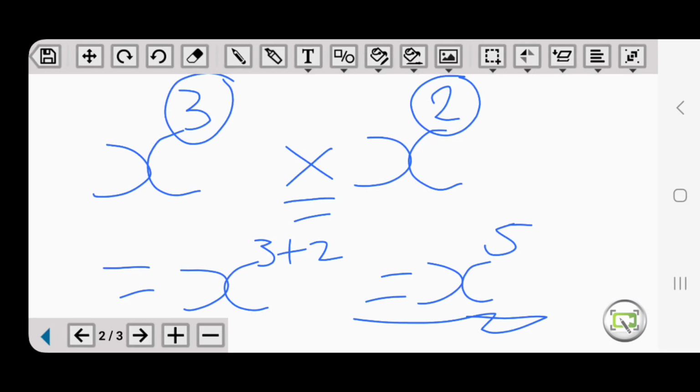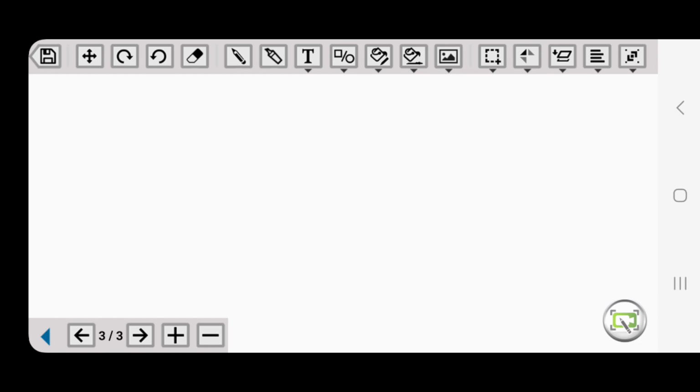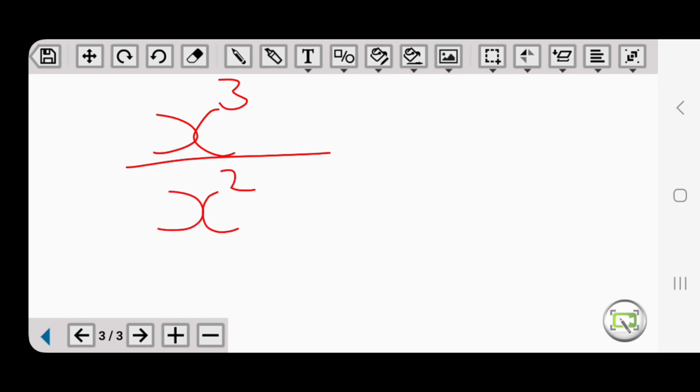Let's look at another exponential law. The first one was when you multiply and the bases are the same. The next one will be where you divide and the bases are the same. So let's say we have x to the power of 3 divided by x to the power of 2. And remember, the fraction line means divide.